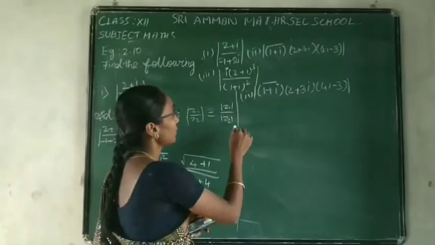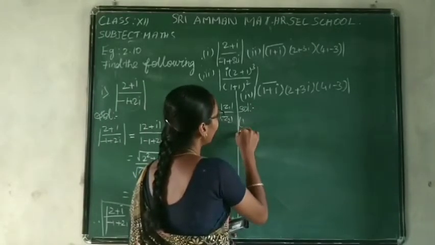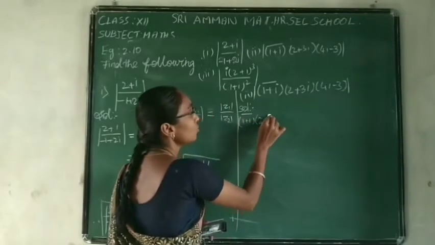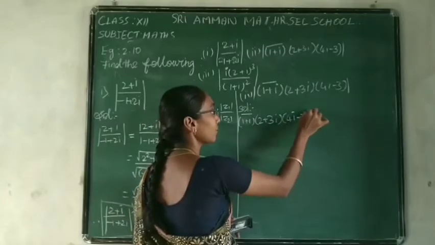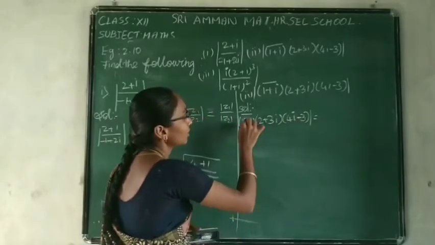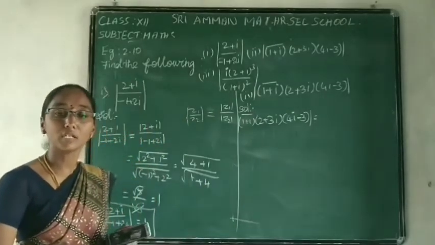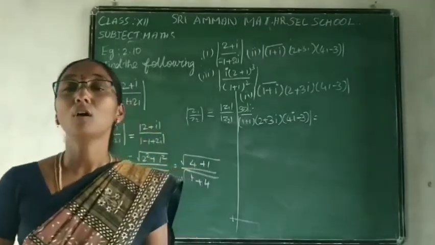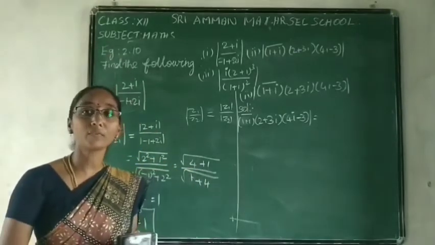First of all, I write this question on the left hand side: modulus of (1 plus i) whole bar into (2 plus 3i) into (4i minus 3) is equal to, listen, modulus of z1 z2 z3 up to zn is equal to modulus of z1 into modulus of z2 into modulus of z3.